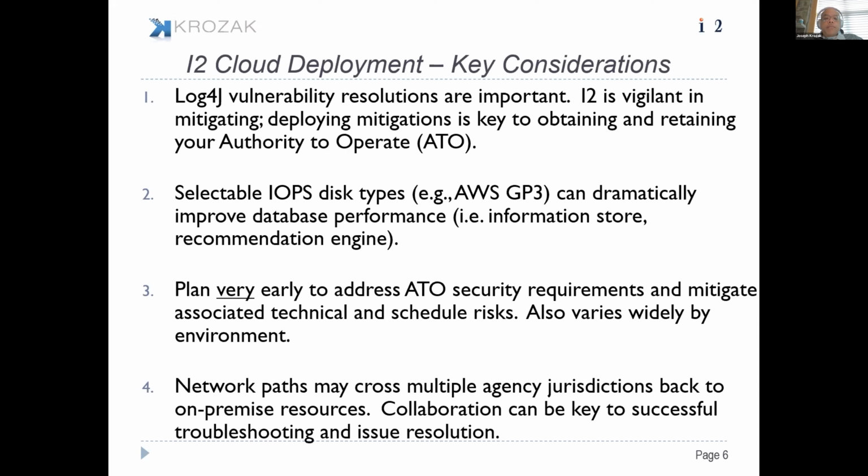The fourth item is somewhat related as well. If you remember in that picture that I showed, I said that the typical environment is a hybrid one. So you've got the bulk of the solution operating in the cloud, but there are paths back to on-premise for critical resources like the user repository for Active Directory, and other things.